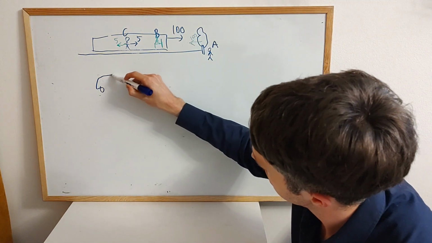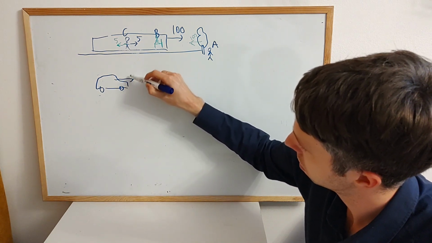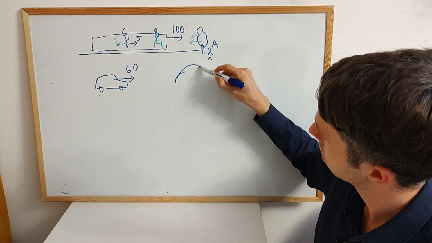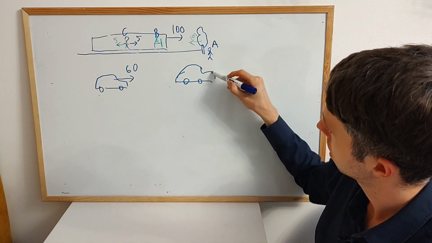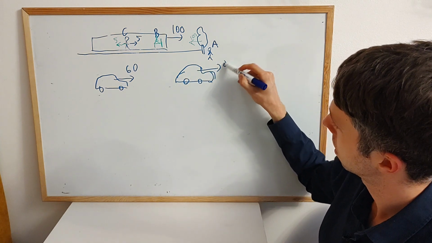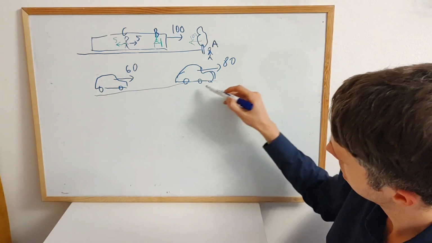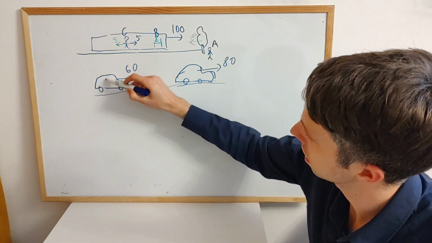So suppose this is a car and this is moving with speed 60 kilometers per hour and in front of it it's another car going faster, 80 kilometers per hour in the same direction, so maybe it just overtook this car.